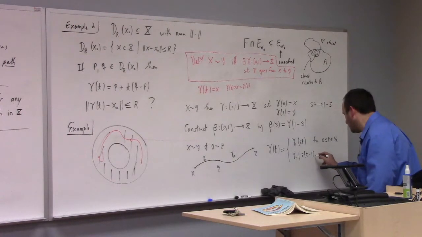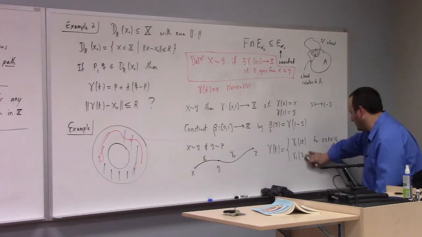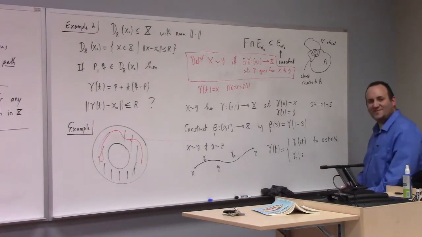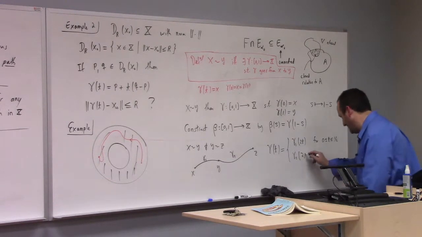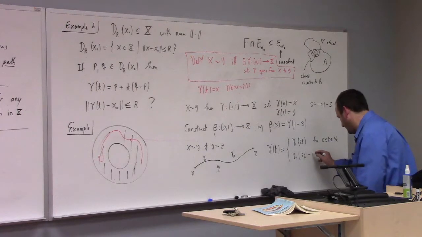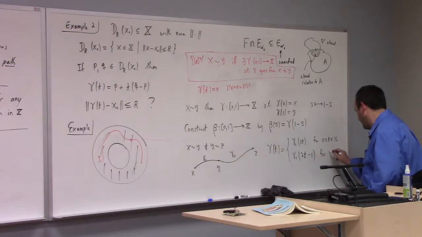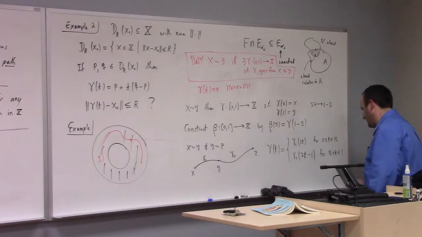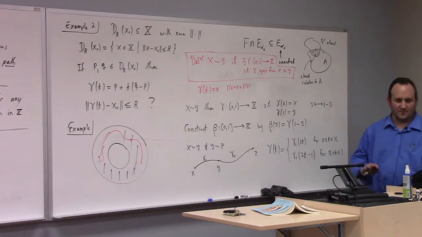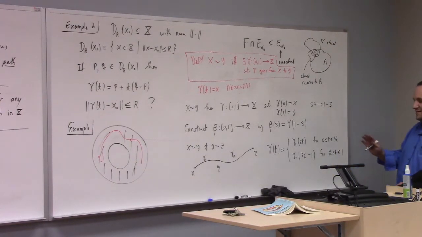No, I mean 2t and then minus 1. Give me the formula. What do you want? 2t, and then minus 1. No parentheses, just like that. I mean, you're saying 2 times t minus 1/2, that's fine. It's okay. I don't need to be right. I just want something right on the board.